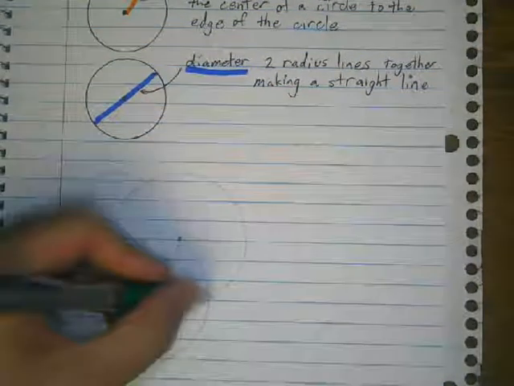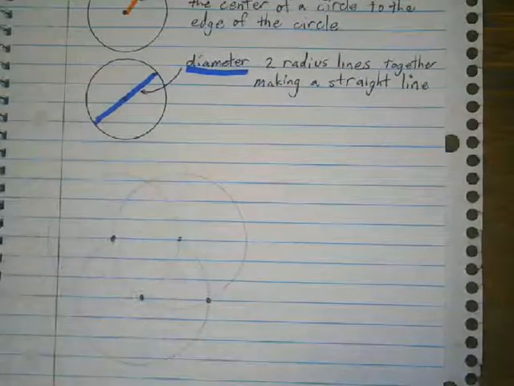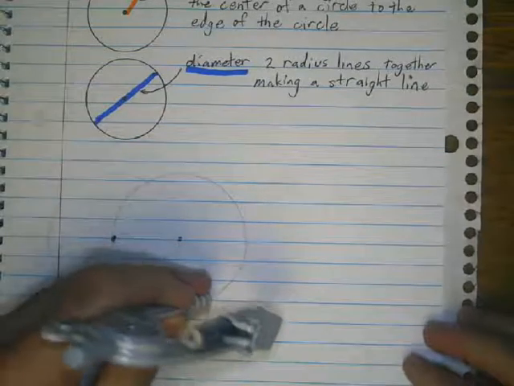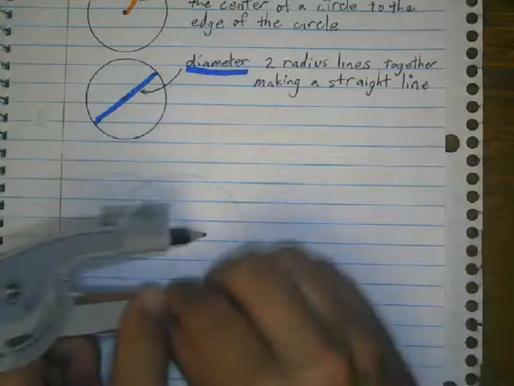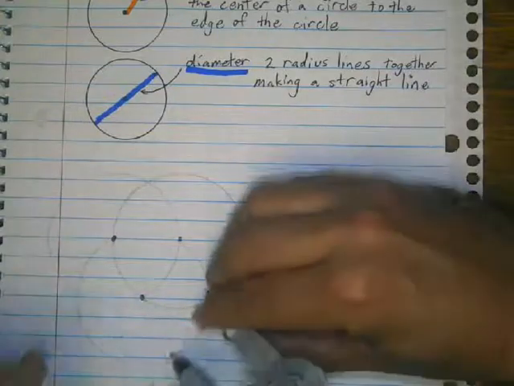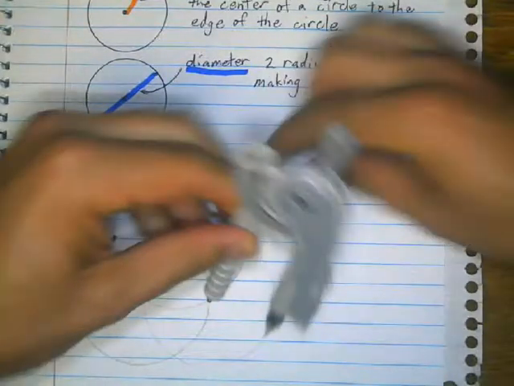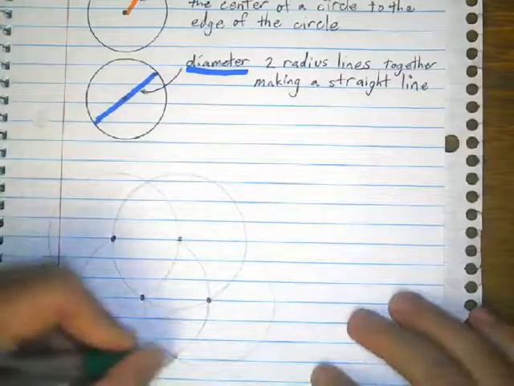Now at this intersection here, I'm going to draw another one. Okay, and I'm going to put a dot at that intersection, and we're going to keep going around.